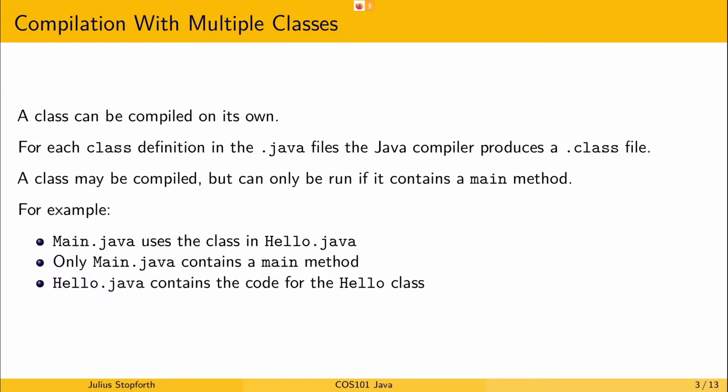But for every class definition, when you have a public class in a .java file, the Java compiler can produce a .class file, usually in Java bytecode. When we bundle a whole bunch of class files together with one class that has a main method, we can create a jar file, which is like a portable executable Java file.